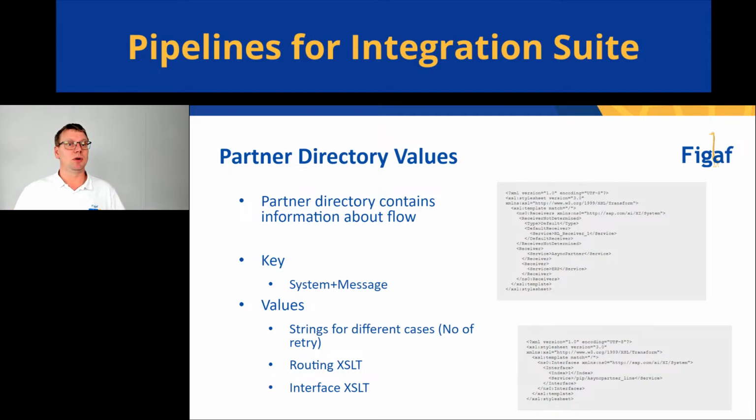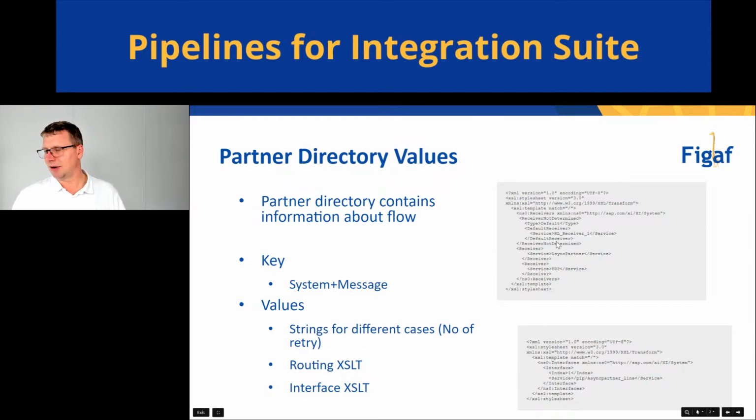You can also do XSLT directly from this, and this just simplifies the process of deploying these things. And I think the partner directory is one of the challenges with this scenario. You need to have a good framework for managing and updating these scenarios.